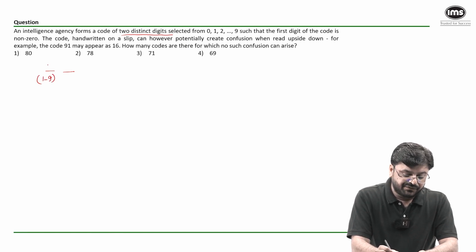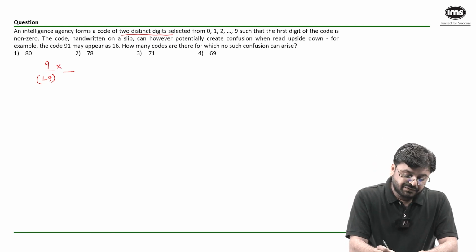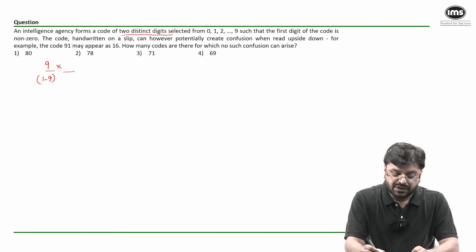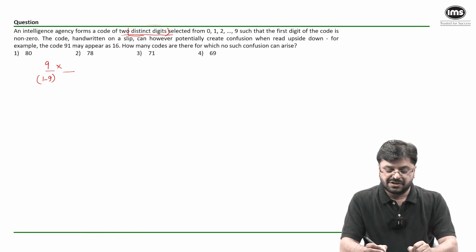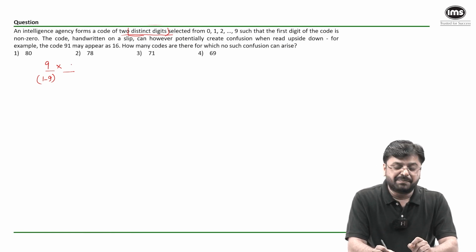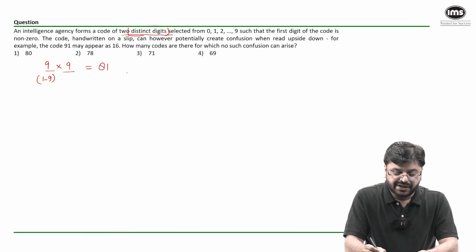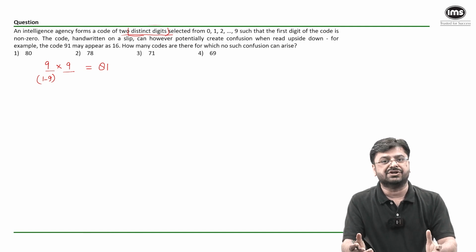So this place can be filled in 9 ways. And for the unit place, now I can use 0. But since we want two distinct digits, whichever digit I have used for 10 place cannot be used again. So for unit place, again we have got 9 options. So in all, we can create 81 distinct codes if there is no other condition.